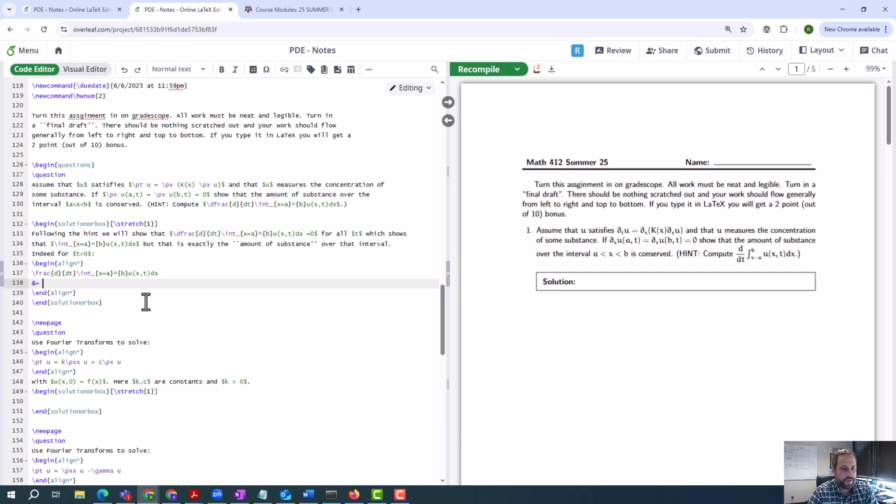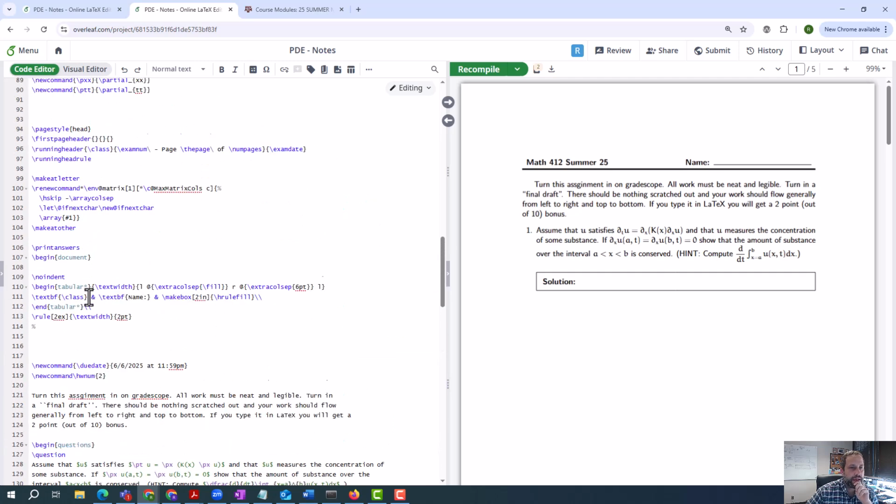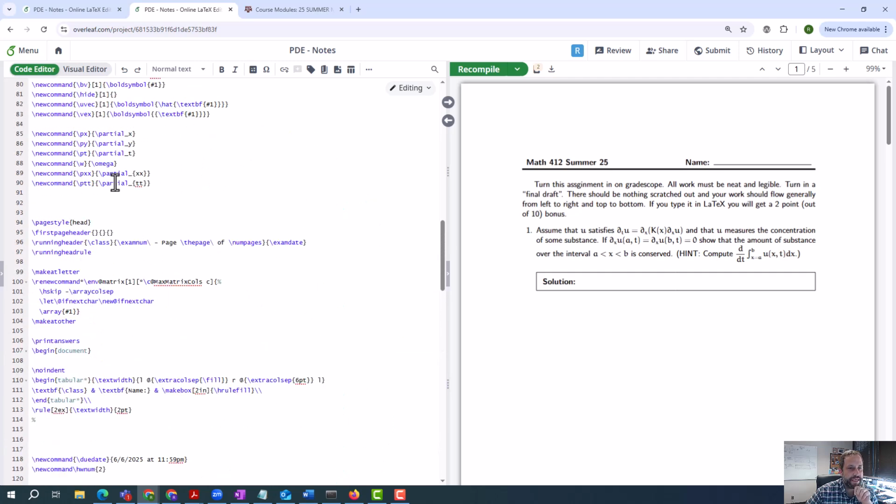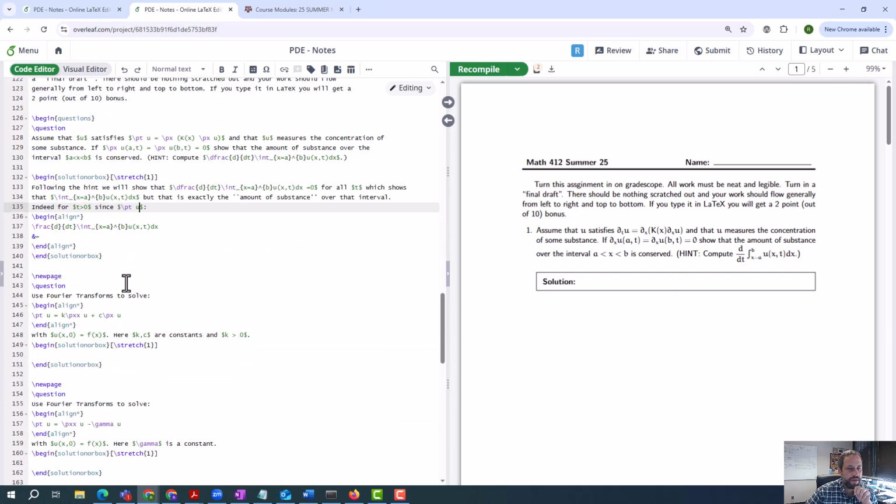So now we want to compute the derivative. Indeed, for t greater than 0, since the partial derivative of u, I have a command up here, PTT means the second partial derivative, and PT just gives me the partial t derivative, since this is continuous, and the interval a to b is a bounded interval.